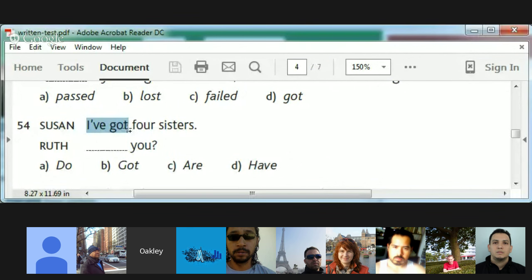Really, although it appears to be a present perfect, this is actually a present tense. You're talking about the state of things. The sky is blue. That's the state it's in. I've got 4 sisters. That's the state you're in. So in which case, if you're going to reply with present simple tense, do you? Makes all the sense in the world, right?